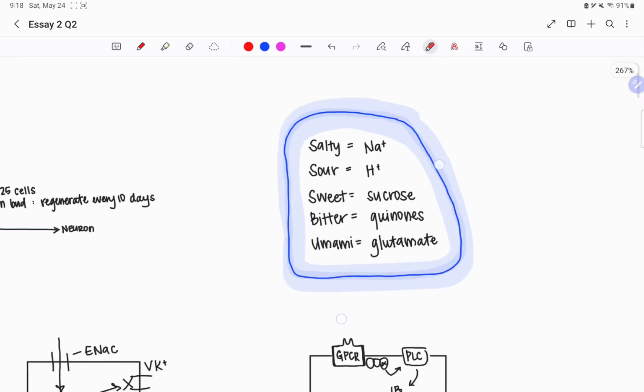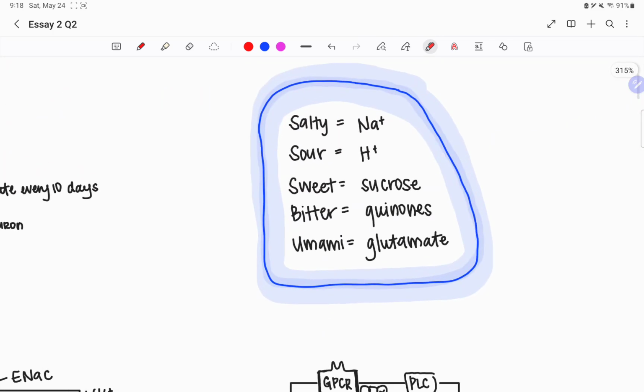Our different kinds of taste buds include salty, sour, sweet, bitter, and umami, which is like delicious or something. Salty responds to sodium, sour responds to acid, sucrose for sweet, bitter is quinones, and umami is glutamate.